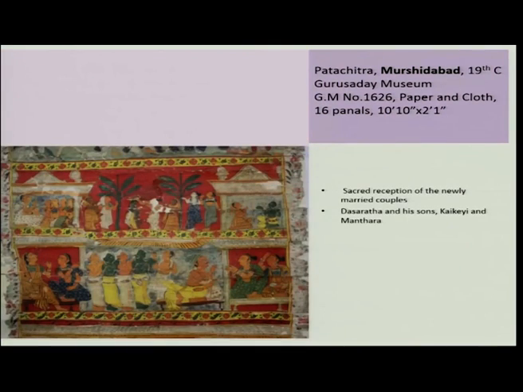The sacred reception of the newly married couples, Dasharatha and his son, Kaikeyi and Manthara, seen in the picture. The textiles in many places resemble the local woven clothes of Bengal at that time.